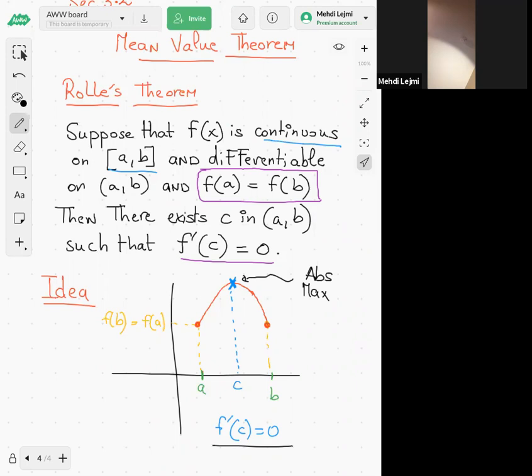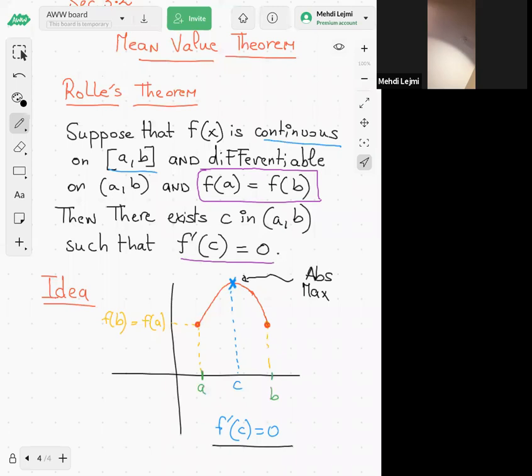So the only difference with the previous theorem we had, remember we had the theorem which says that if you have a function f continuous on a closed interval, then f has a global maximum and a global minimum. The thing is, the global maximum or global minimum for your function f could be your endpoints.